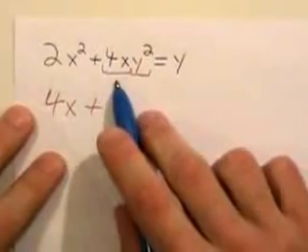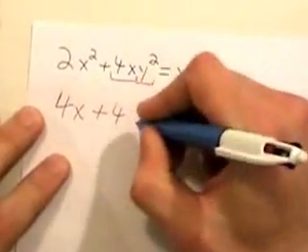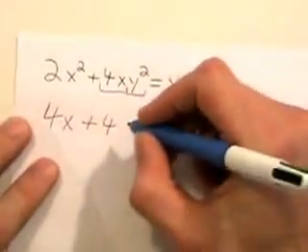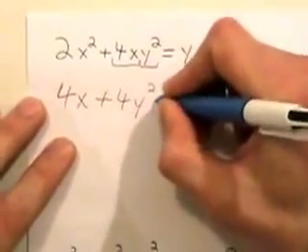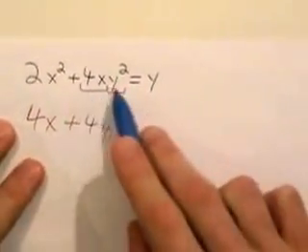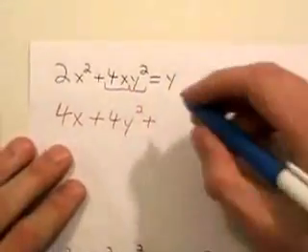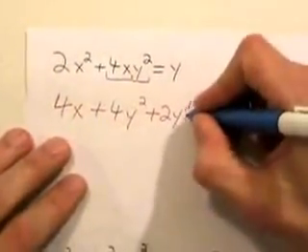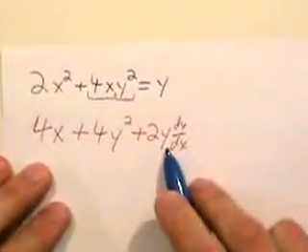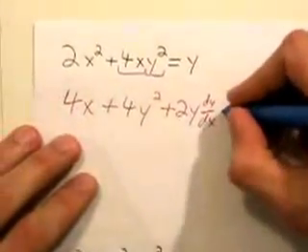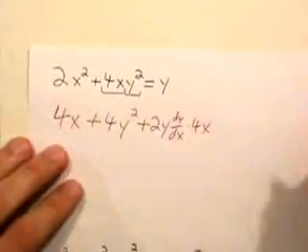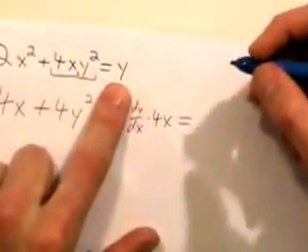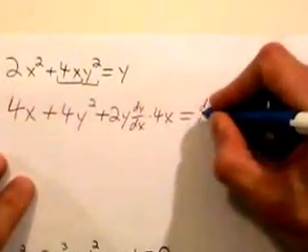So f prime is just 4, right? 4 times, so that's f prime g, so that's 4y squared, plus g prime f. Now for g prime, we need the chain rule, so that's going to be 2y dy/dx. That's g prime f times 4x. Equals, and on the other side, the derivative of that we just symbolize as dy/dx.